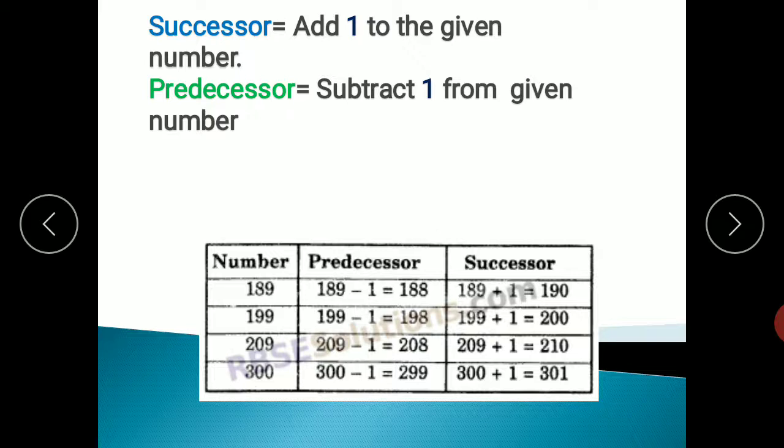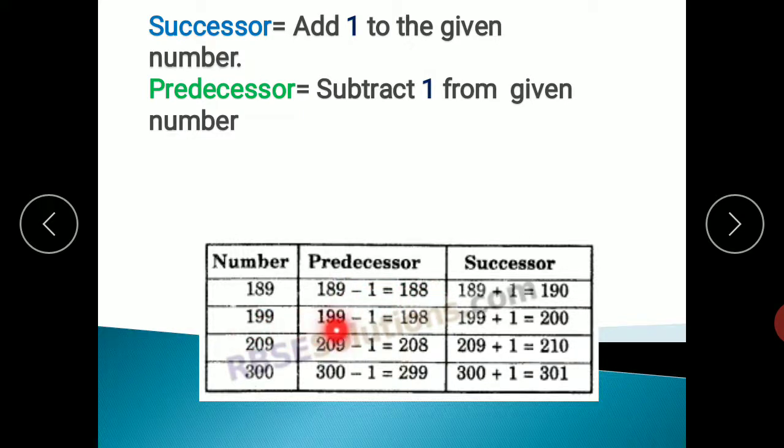Predecessor means subtracting one, or one less than the given number. Example: the predecessor of 189, that is 189 minus 1, becomes 188.